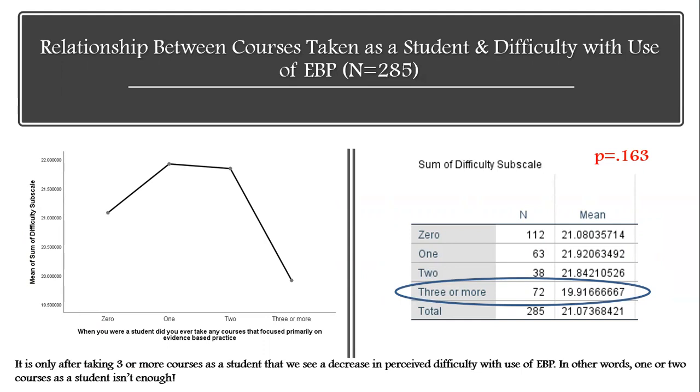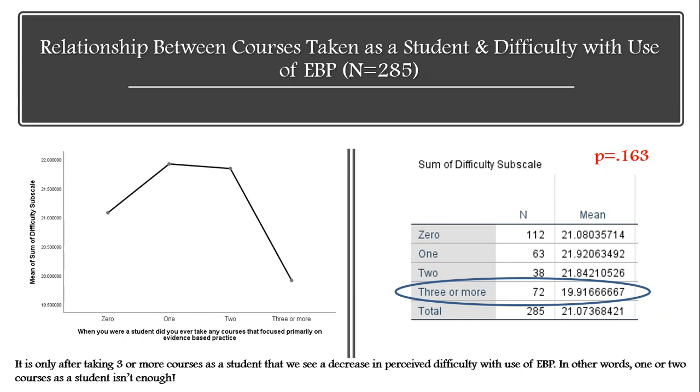And what we found is that it is only after taking 3 or more courses as a student that we saw a decrease in perceived difficulty with the use of EBP in practice. So in other words, 1 or 2 courses taken as a student is not enough.